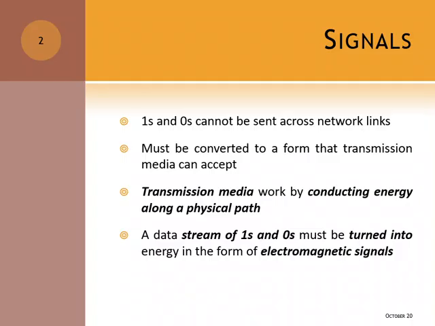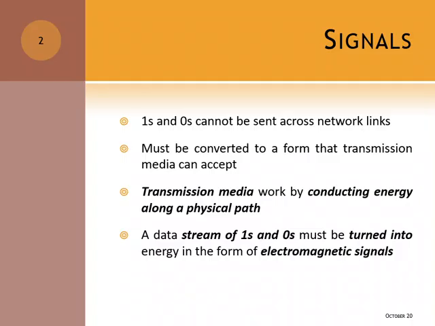So ones and zeros must be converted to a form that transmission media can accept. Of course, kabel tidak boleh menerima nombor ataupun teks. Lalu macam mana kita nak masukkan nombor dan huruf ke dalam kabel? Of course, we have to transform it into signal. So itu adalah antara responsibility of physical layer.